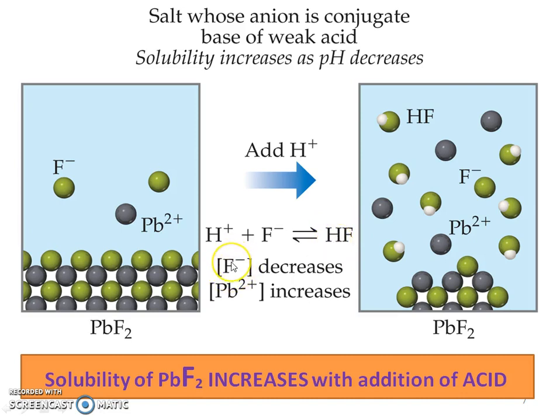So we're going to decrease our F negative ions, and we're going to increase the Pb plus 2 ions. So we're going to increase that solubility. We're going to take a chunk of solid and make more ions. But the pH is also going to decrease, because now we're going to have more weak acid in there.